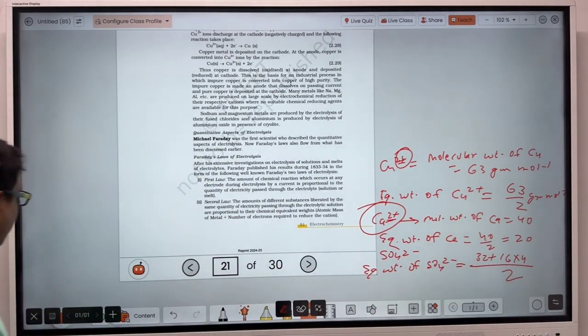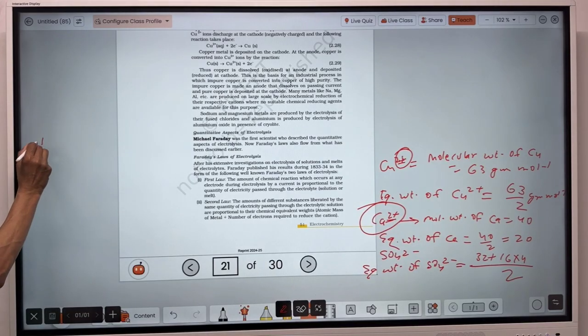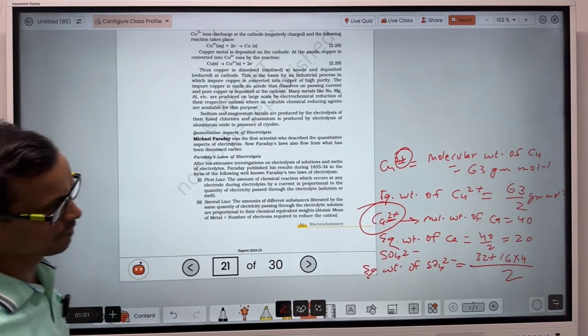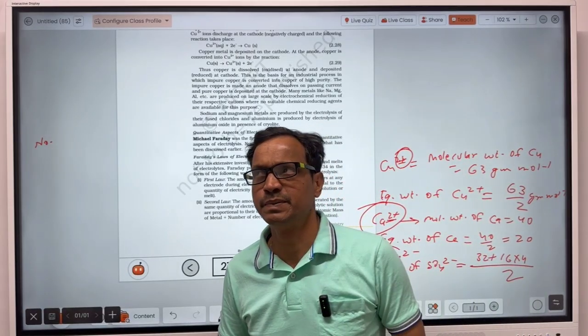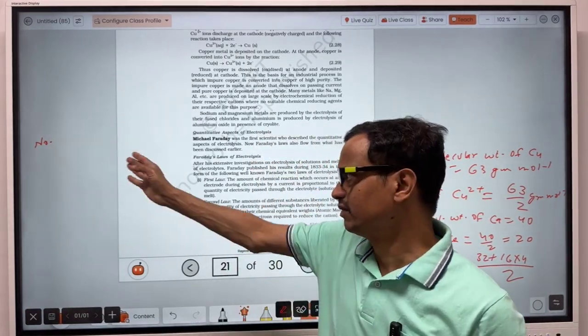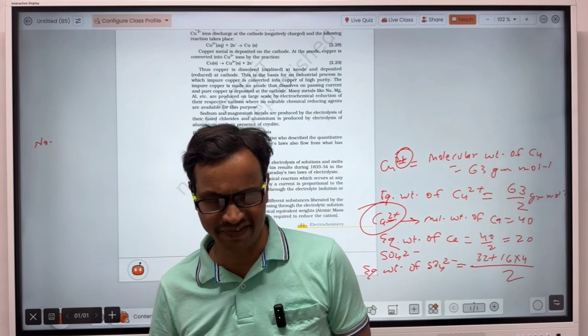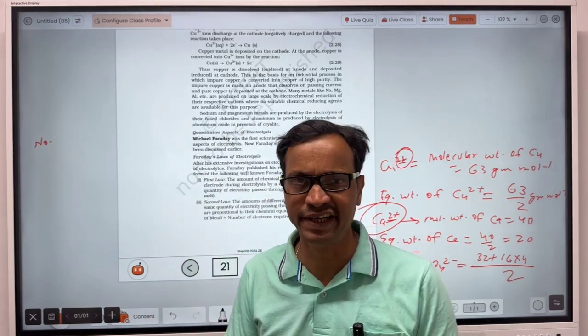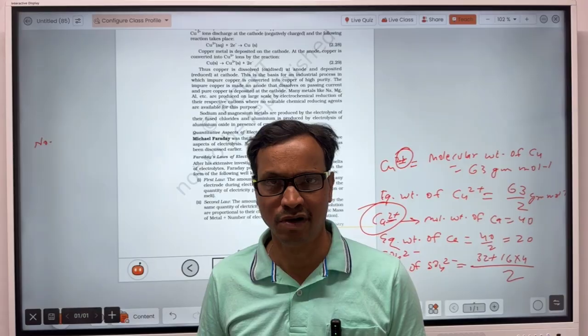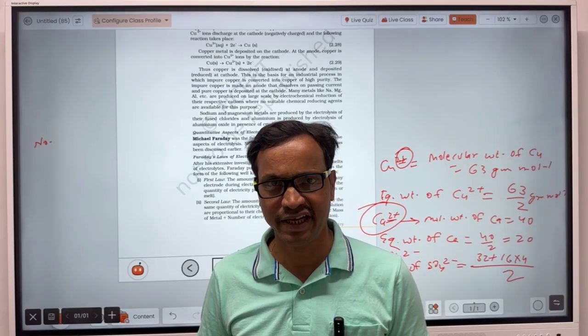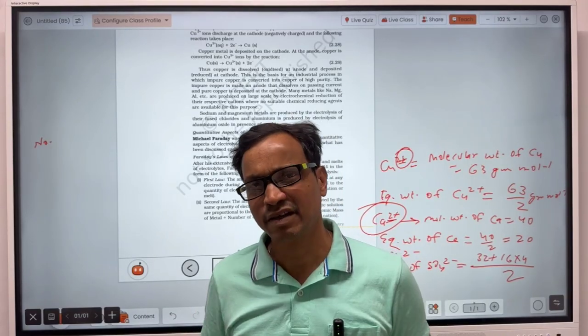Okay, and the number of gram equivalents, keep in mind, will be more important for those studying for the main examination. I shall discuss this topic again in the videos for the NEET and IIT examinations, which will be combined.